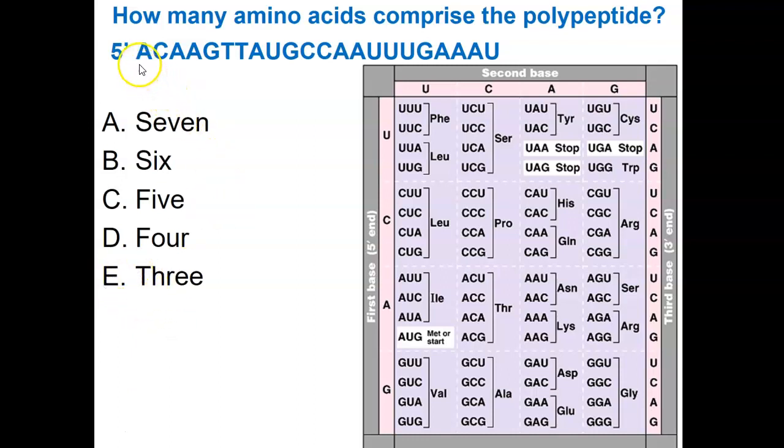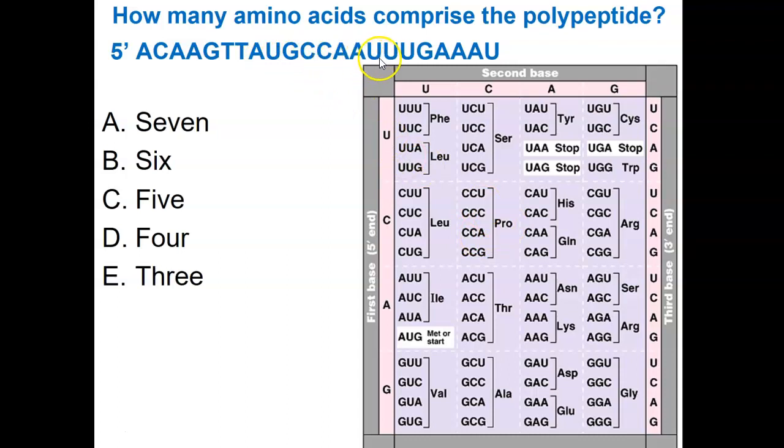The way you would solve this is you look at the mRNA sequence and scan it until you find an AUG. We see one here, and we know that AUG encodes methionine. Next we see CCA, and again, you could use the code to figure out what that is. CCA is a proline. So we have methionine and then a proline.